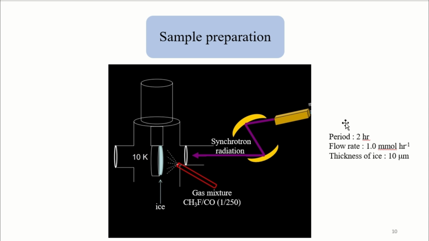Next day, the gaseous sample will be directly introduced into the chamber. The gaseous sample will deposit on the cold target over a 2-hour period, and its flow rate will be set to 1 millimole per hour. The thickness of the ice is 10 micrometers.